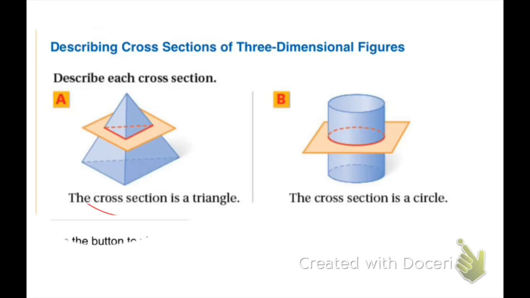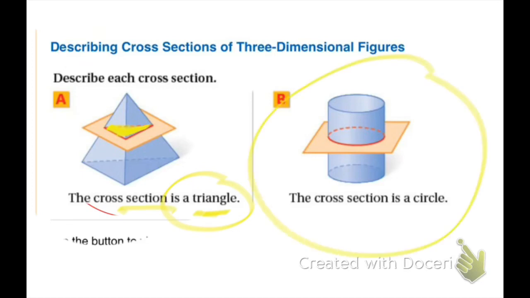Well, the intersection of my two-dimensional flat surface here and the three-dimensional triangular pyramid, I would get a triangle. So the cross section is a triangle.